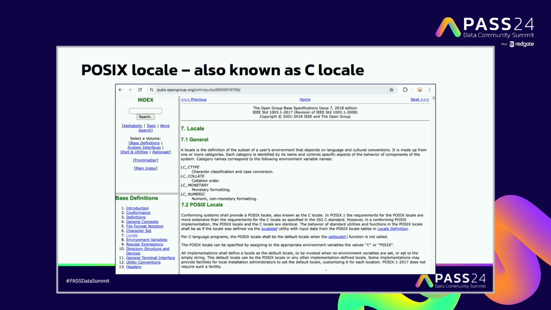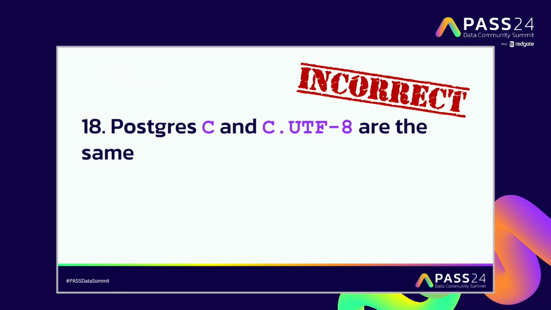But it's there. That leads into number 18, that C is the same thing as C.UTF-8. These look very similar, but in fact, they're very different. The second one uses the same pattern you use anytime you're asking for a collation from the operating system. So you would do en-us.utf8, or fr-fr, French from France, .utf8. That's the clue.